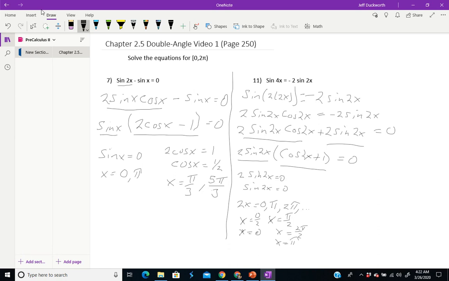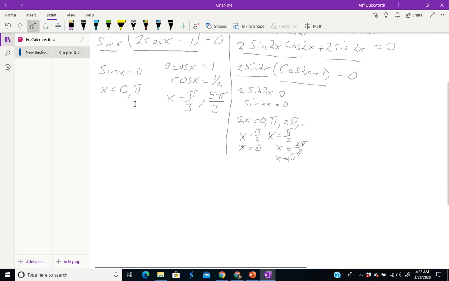If we go to 3 pi, we've got one more. So let me just scroll this down a little bit. If we have 2x equaling 3 pi, that gives us x equals 3 pi by 2, which is still less than 2 pi.